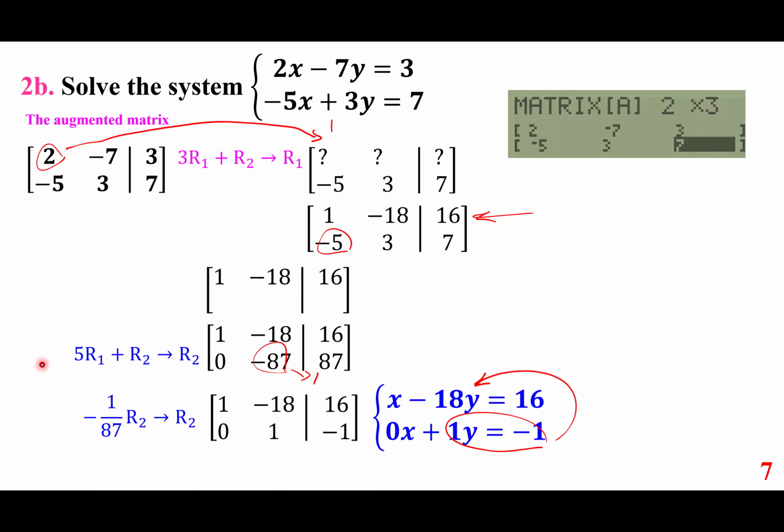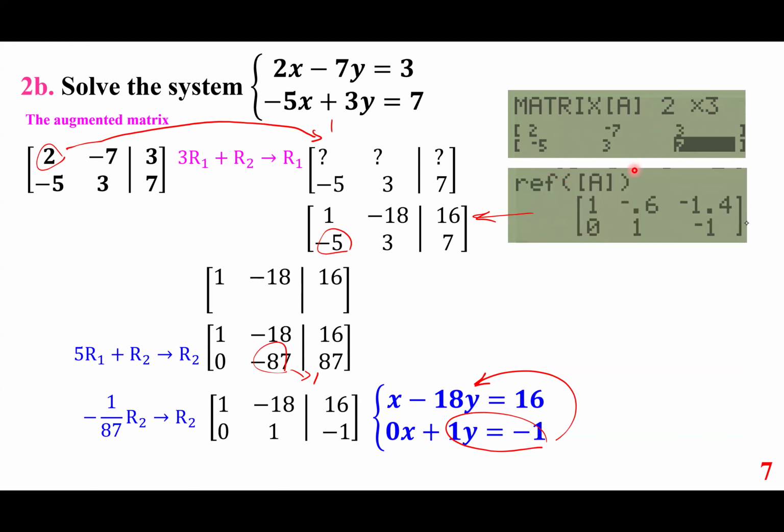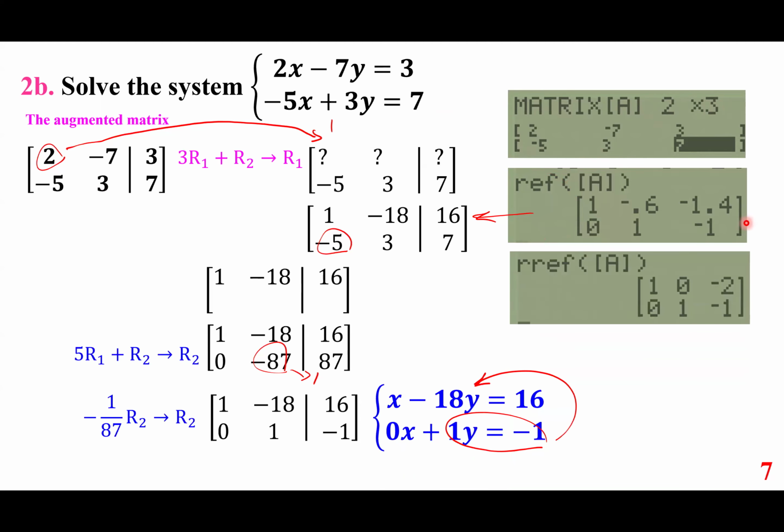If I want to go with the matrices, I'm going to put a 2 by 2 matrix. This one, 2, minus 7, 3, minus 5, 3, 7. And I'm going to do REF on that. And I'm going to do RREF. If you do RREF, look at the last column. That is the answer that we've already got. So that's how you find the answer, RREF.